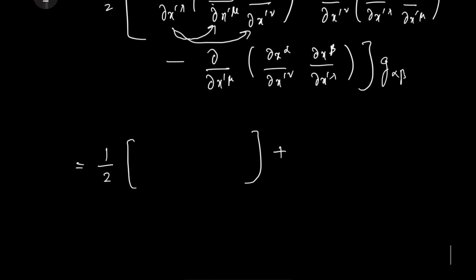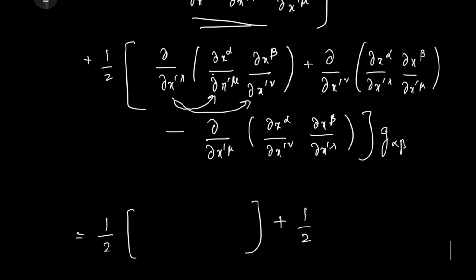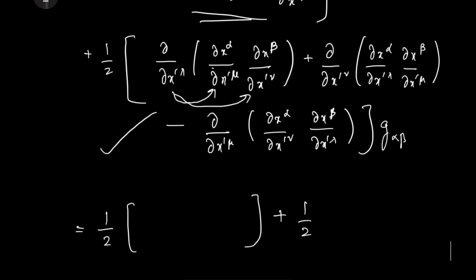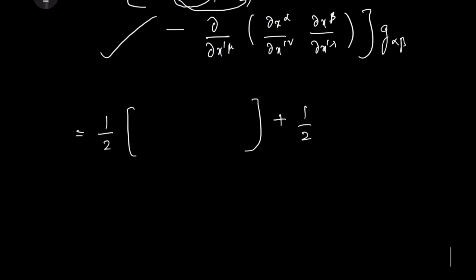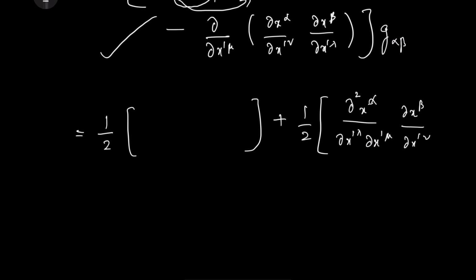Then plus again half. Now I have to open up this part. That will be half the second derivative of x alpha with respect to x prime lambda and x prime mu, then multiplied by the partial derivative of x beta with respect to x prime mu, plus now x alpha as it is.